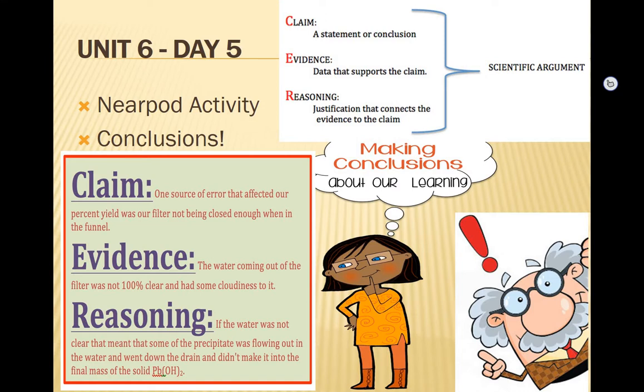Okay? So as you go through this Nearpod experience, it's sort of a funny little experience, but I want you to see what the claim is, how can she support the claim, and how does she tie them together. Okay? All right, so that's it.